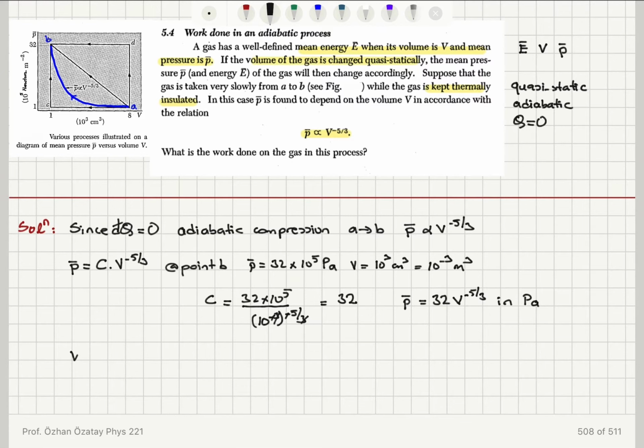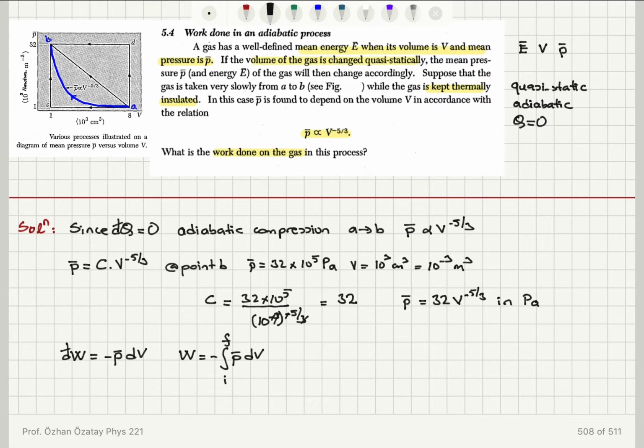Now the work done, d bar W on a gas, is minus P bar dV. So the work done from the initial state to the final state is minus the integral from initial to final of P bar dV. So this is work done on the gas. That's something we need to be careful about: it's on the gas, not by the gas.